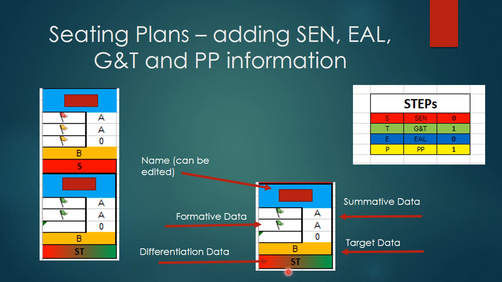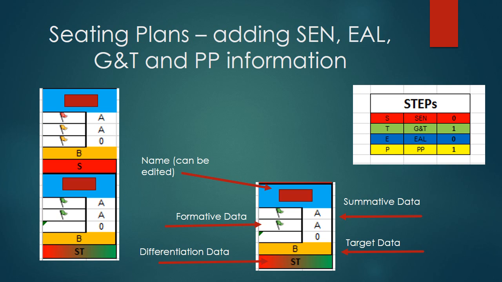Beneath this, there is very useful differentiation data, and this is created by a colleague of mine at my school, and it's very credible. Essentially, based upon a system used in another school in a town near us, all students in the seating plan are identified as having particular needs, and these divide into special educational needs, being gifted and talented, being EAL, all coming under the banner pupil premium, which of course includes things like service children, looked after children, and free school meals.